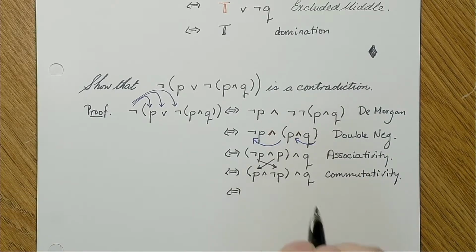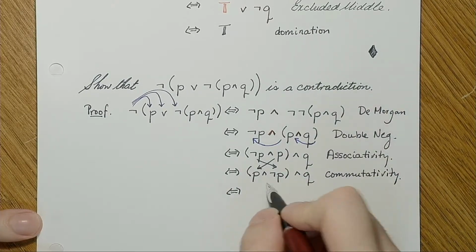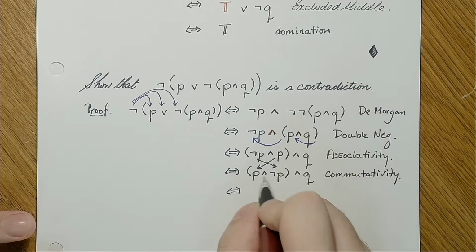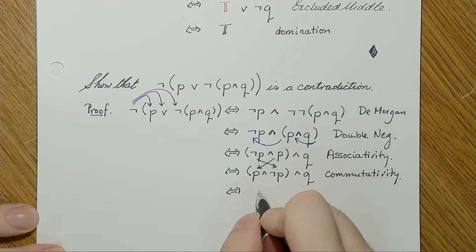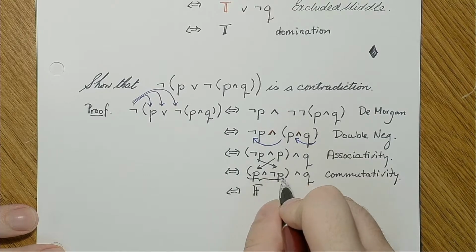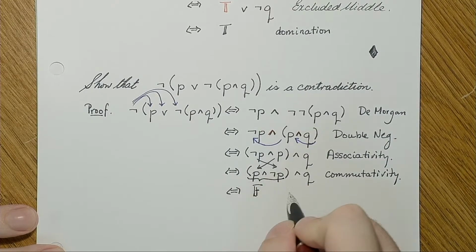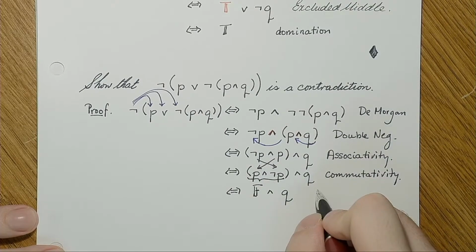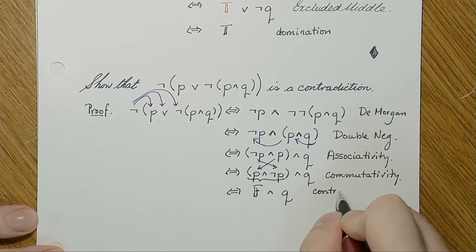P and not P, that is a contradiction. So how can you be itself and not itself? So that's the contradiction right there. So there's an F and Q. So this is the contradiction rule.